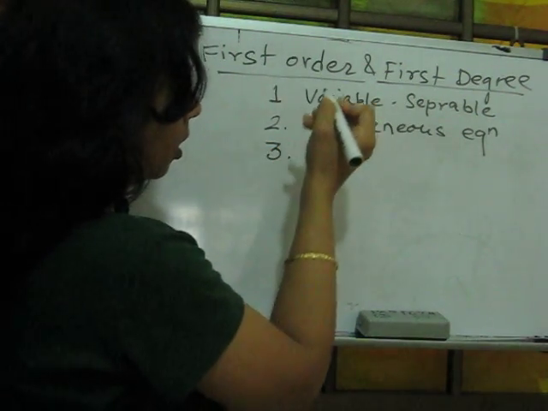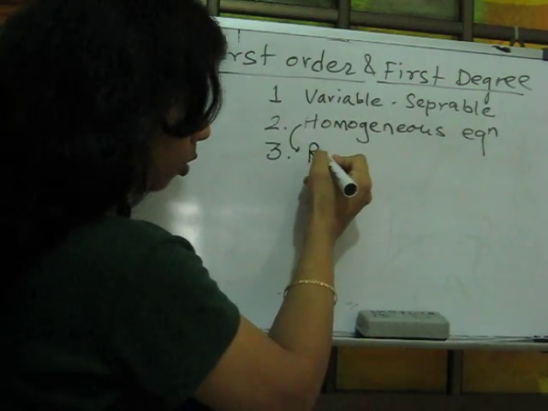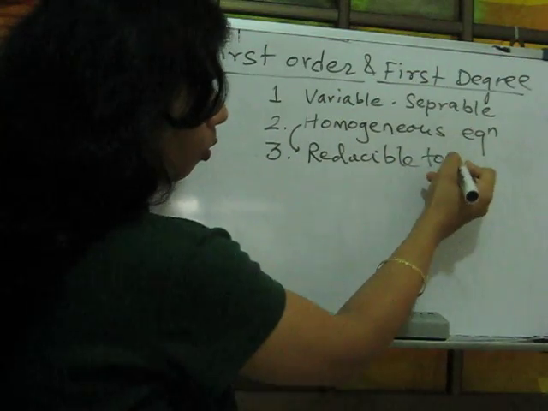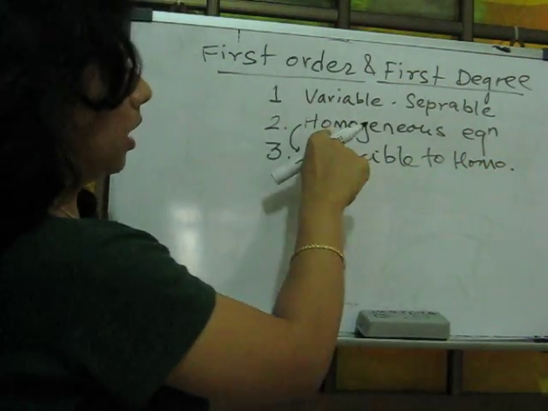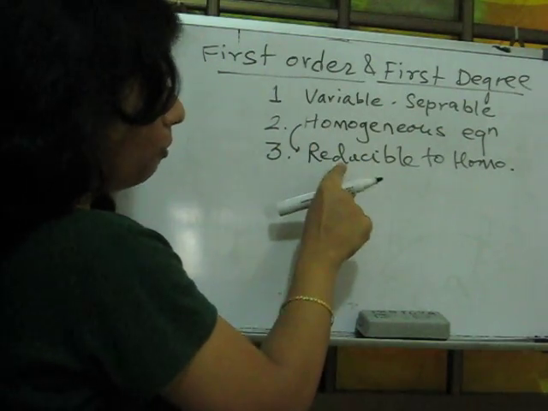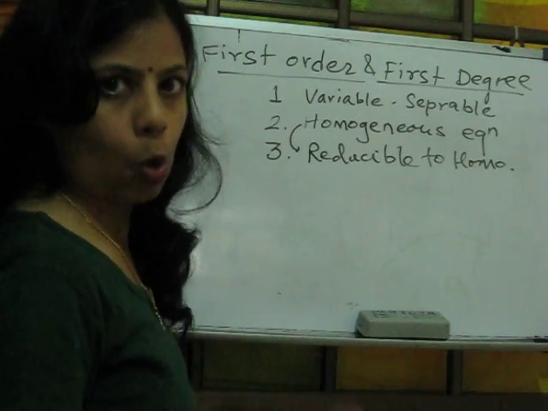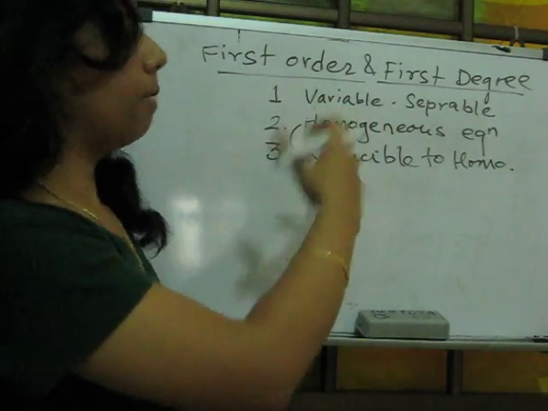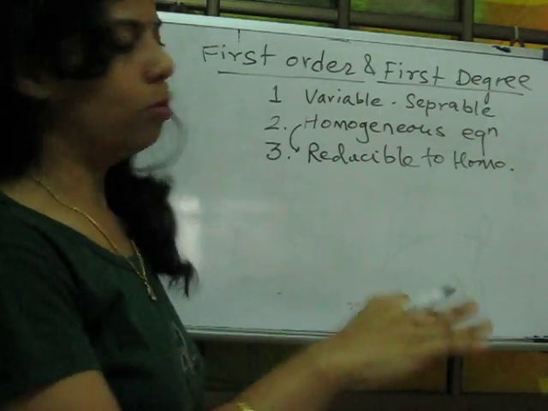Next one is reducible to homogeneous. Okay, so this is a little bit similar to this. Whatever the equation, if we are able to reduce it to a homogeneous equation, then we reduce it to homogeneous form, and then the other method is all the same as homogeneous.